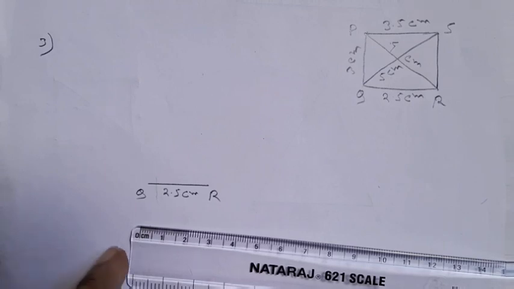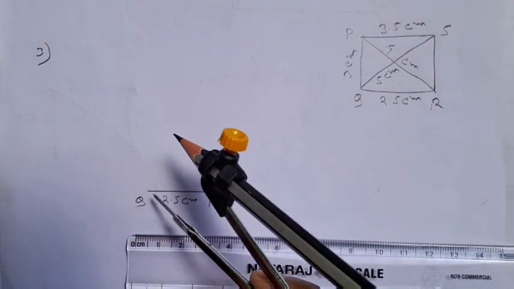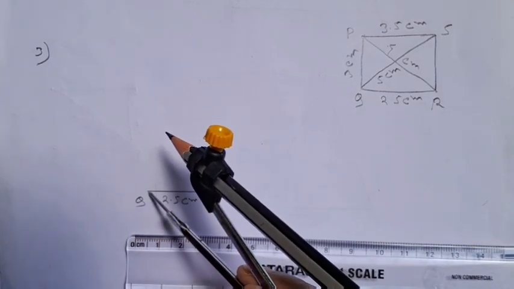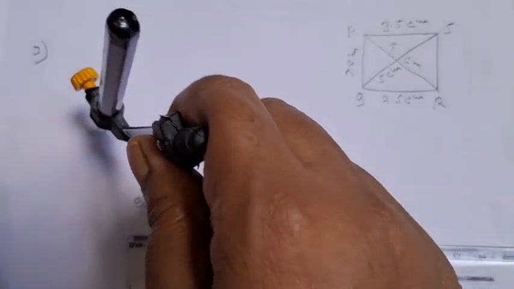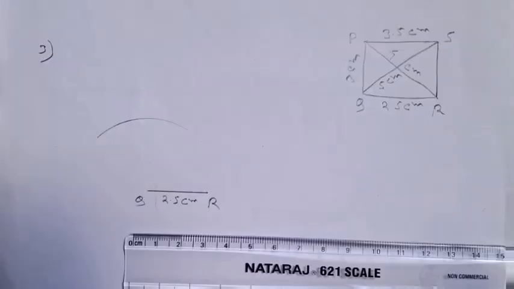So taking 3 centimeter as a radius and taking Q as center, I draw an arc.